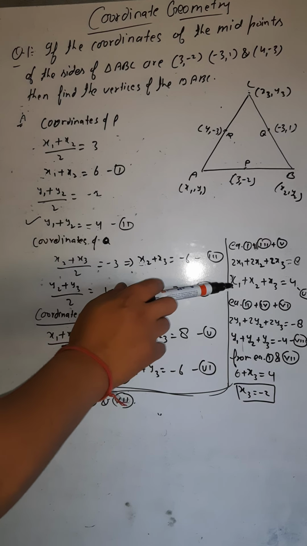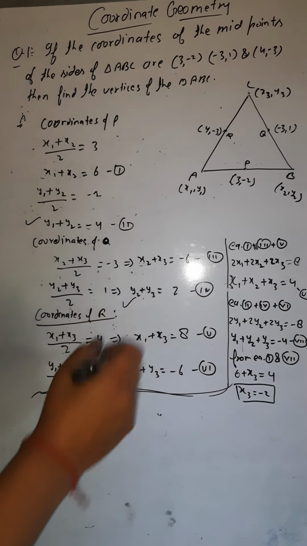So it would be x1 minus 6 equals 4. This minus 6 would go there and become plus. So 6 plus 4 would be 10. So now I have the value of x1 as 10.